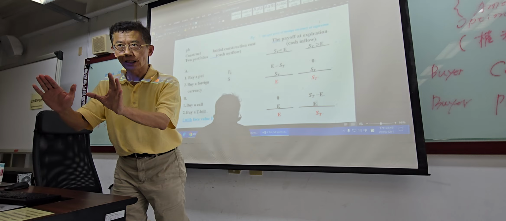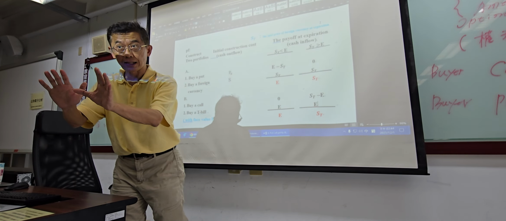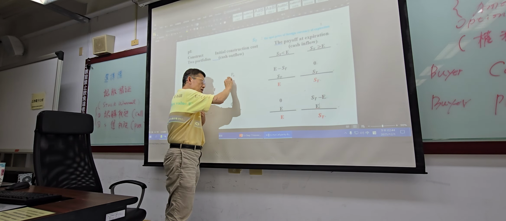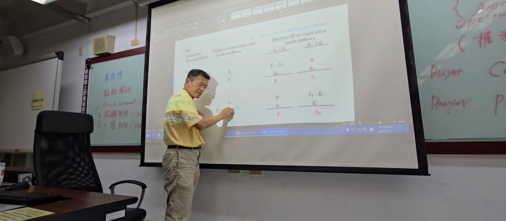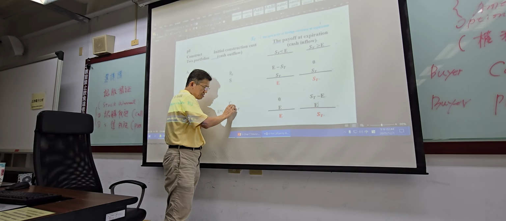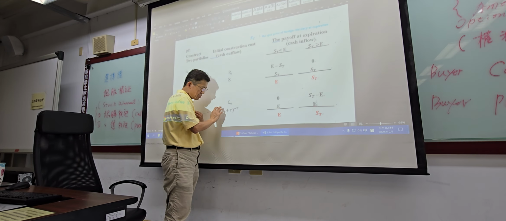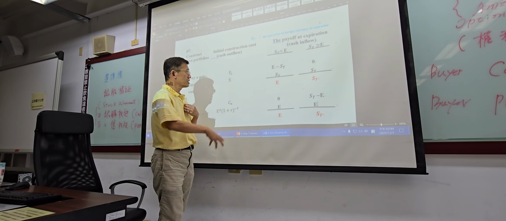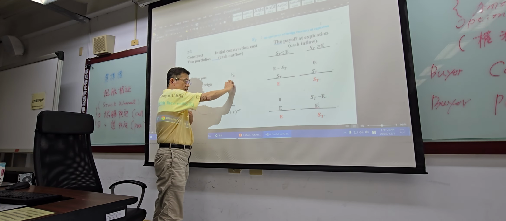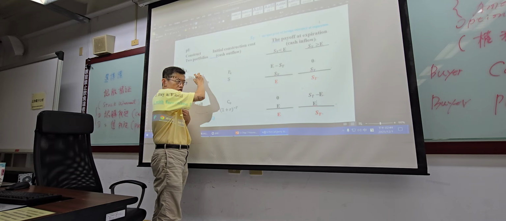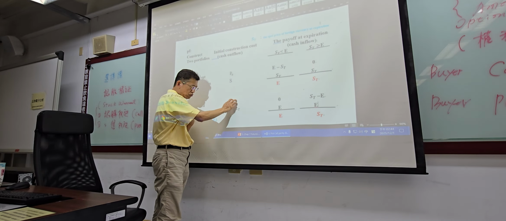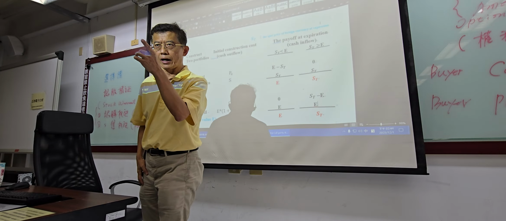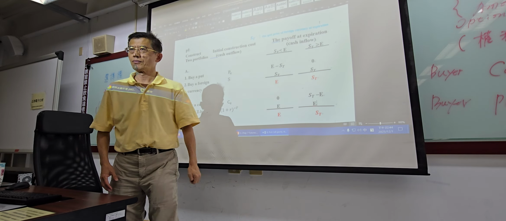If they are not identical, let's say if P sub E plus S is smaller than C sub E plus capital E times 1 plus R to the power of minus T. If the initial construction cost of portfolio A is lower than the construction cost of portfolio B, then what will happen?